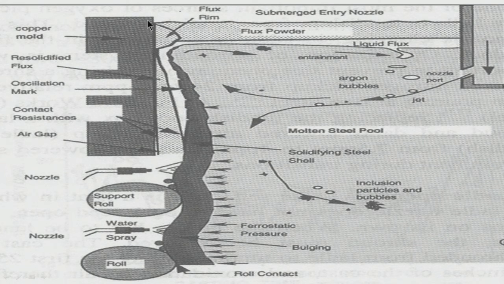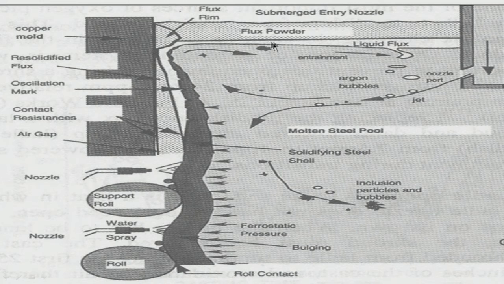This movement is very much necessary, otherwise, as I have told you, there is a possibility of shell sticking. So this mold movement, we call it mold oscillation. It is going up, going down, with a particular frequency of oscillation and an amplitude, to what extent it will move up and down.